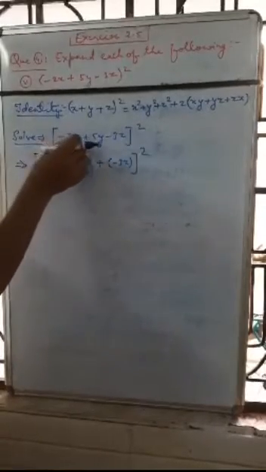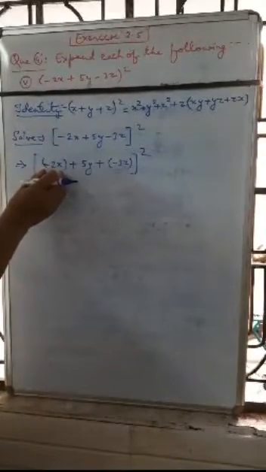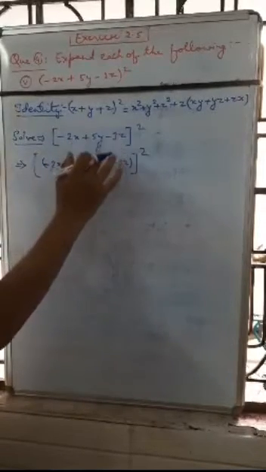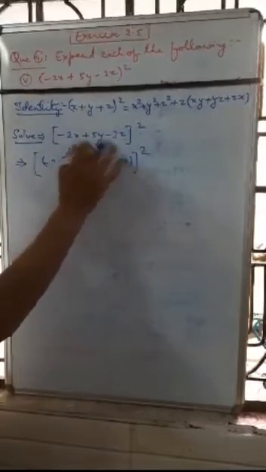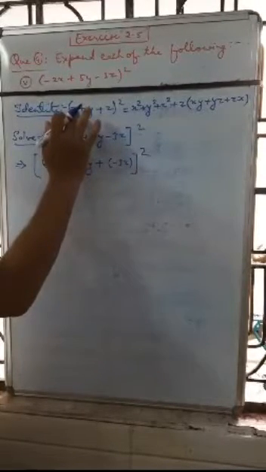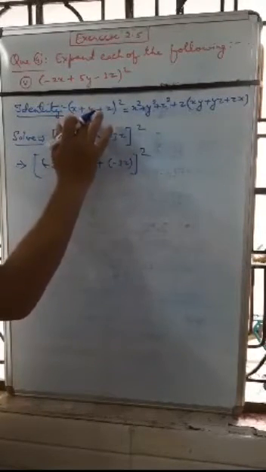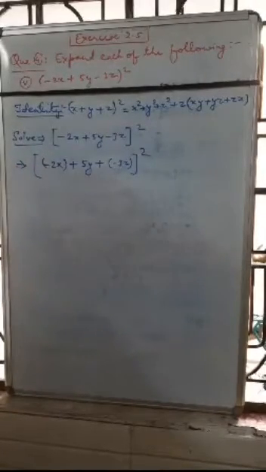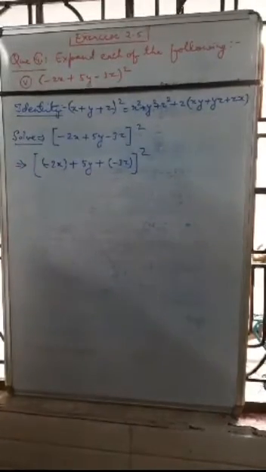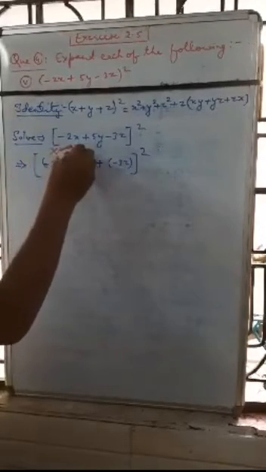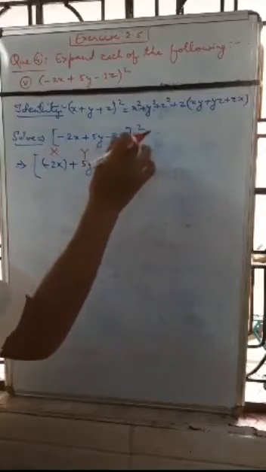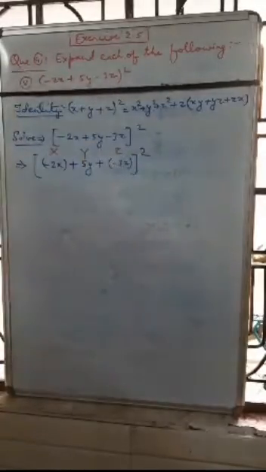So the plus 5y remains the same and minus 3z becomes plus minus 3z, because we have the formula in addition only, x plus y plus z whole square. So we have changed the equation in the form of x, y, z. Suppose it is x, it is y, and it is z, so we can apply the formula here.